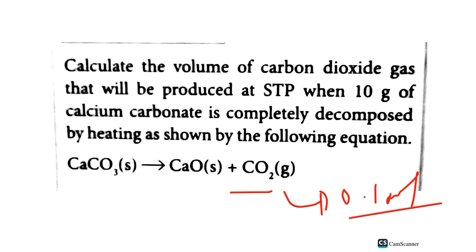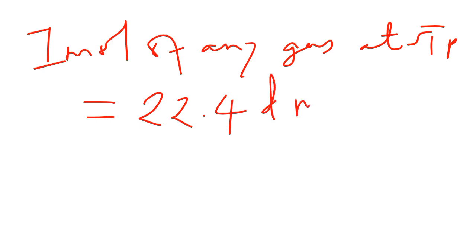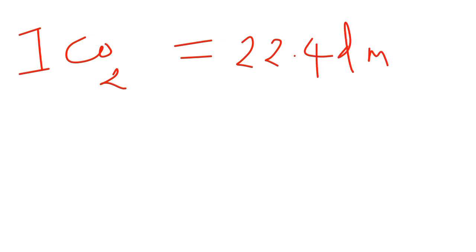From that, we come back to the formula that at STP, 1 mole of any gas is equal to 22.4 decimeter cubed. Now we look at these relations. 1 mole of carbon dioxide at STP is equal to 22.4 decimeter cubed.